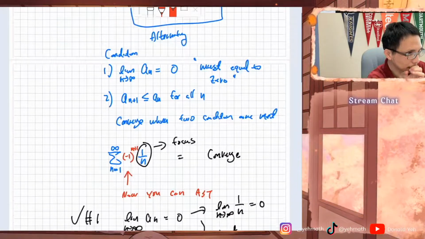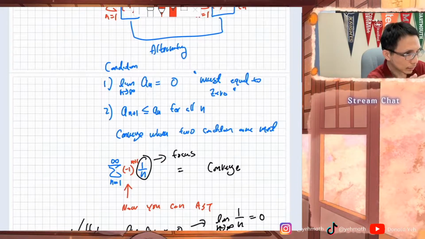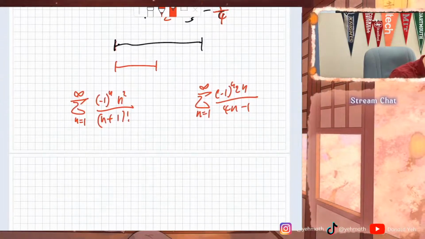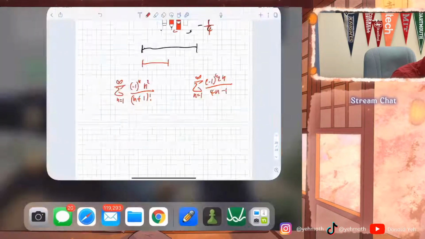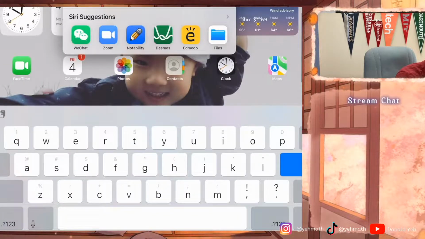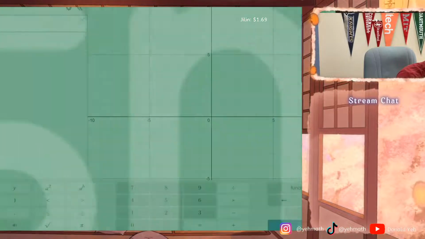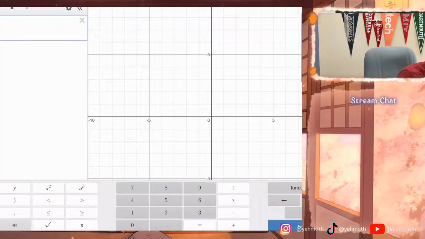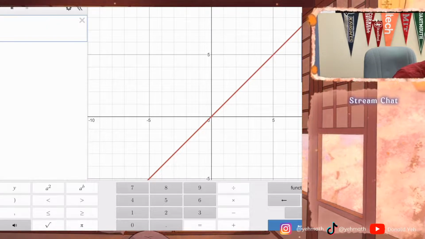Hold on a second, let me think about it. Could you just put it in decimal real quick? Sure, let's do that. But it only does it for one value. n squared over (n plus 1) factorial. Using that logic, it would converge if you started at n equals 3.